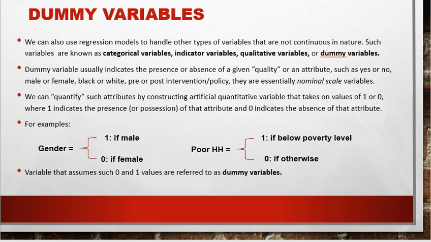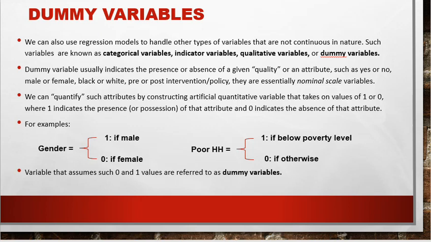You can also consider pre or post an intervention. If government has introduced an intervention, maybe a project to alleviate poverty, and you want to examine the situation of the people before that intervention or after that intervention, or a policy option that has been introduced. These are basically nominal scale variables.